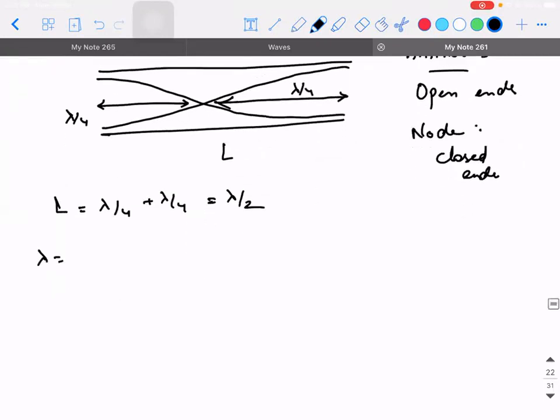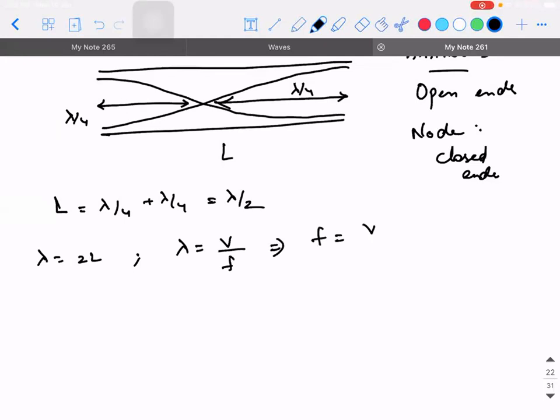Then lambda is equal to 2L. But what is the value of lambda? How can you write lambda in terms of frequency and speed? Distance is equal to speed into time, so lambda is speed divided by frequency.